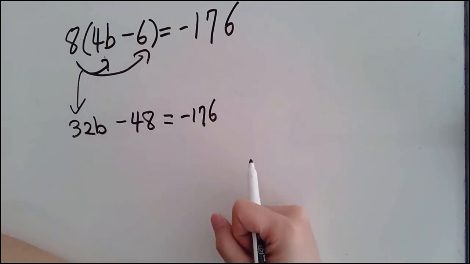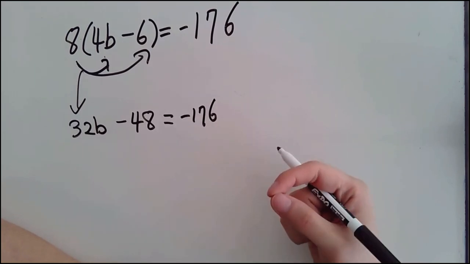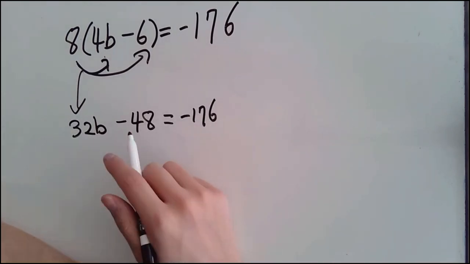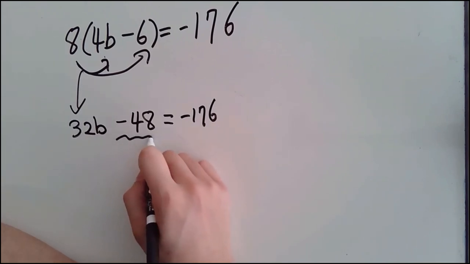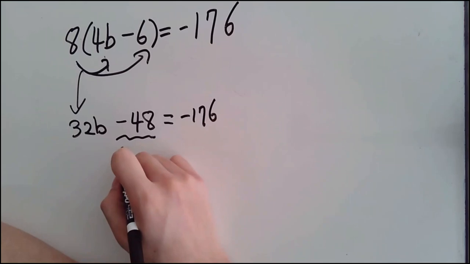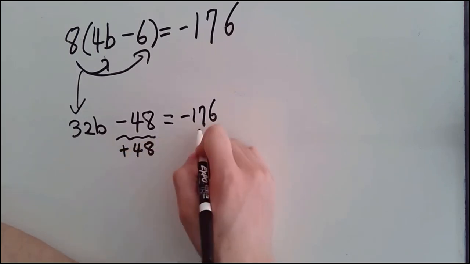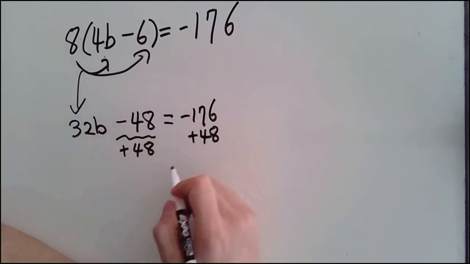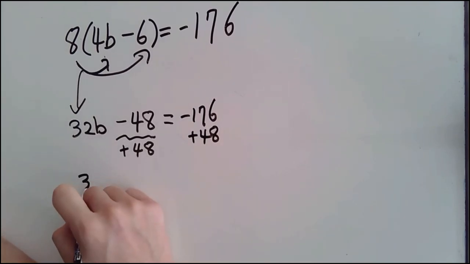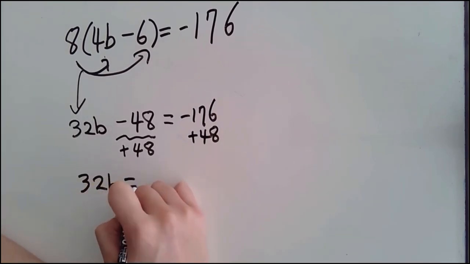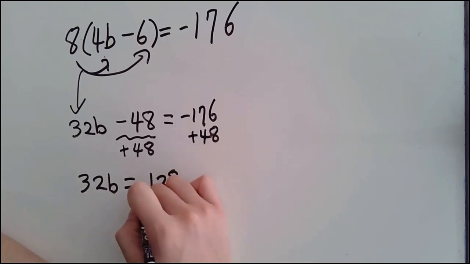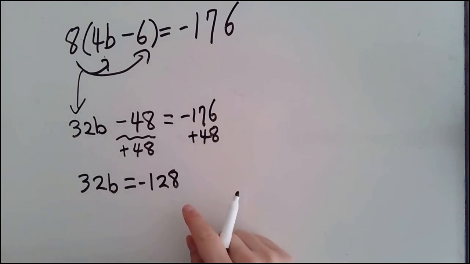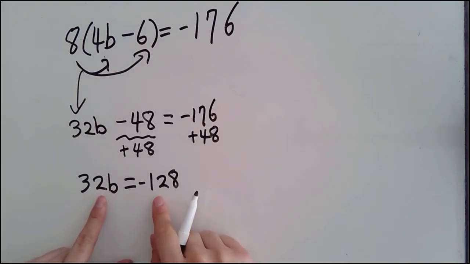Now we just have to do what we have been doing in previous videos. First, I'm going to isolate the variable by getting rid of this negative 48 by doing the opposite. So we're going to add positive 48 to both sides. Then I have 32b is equal to negative 128.